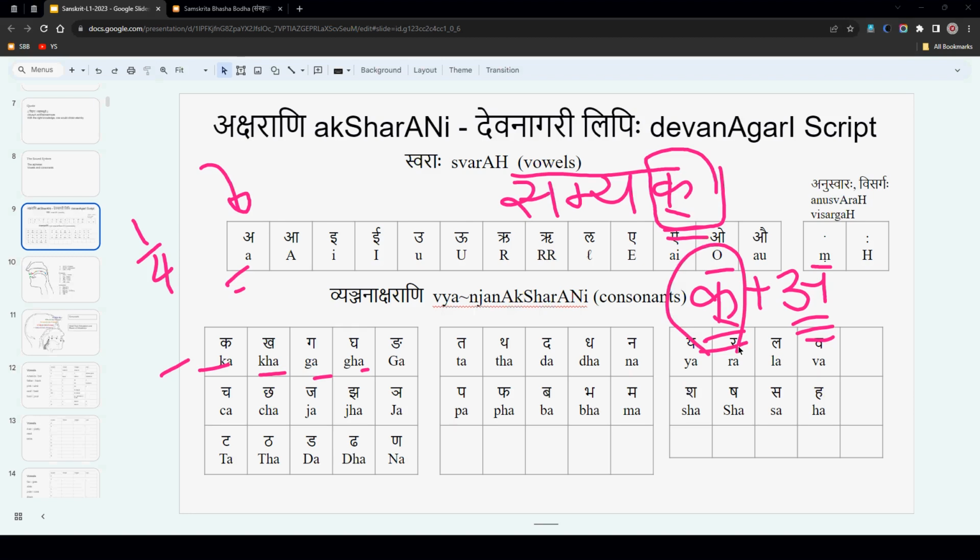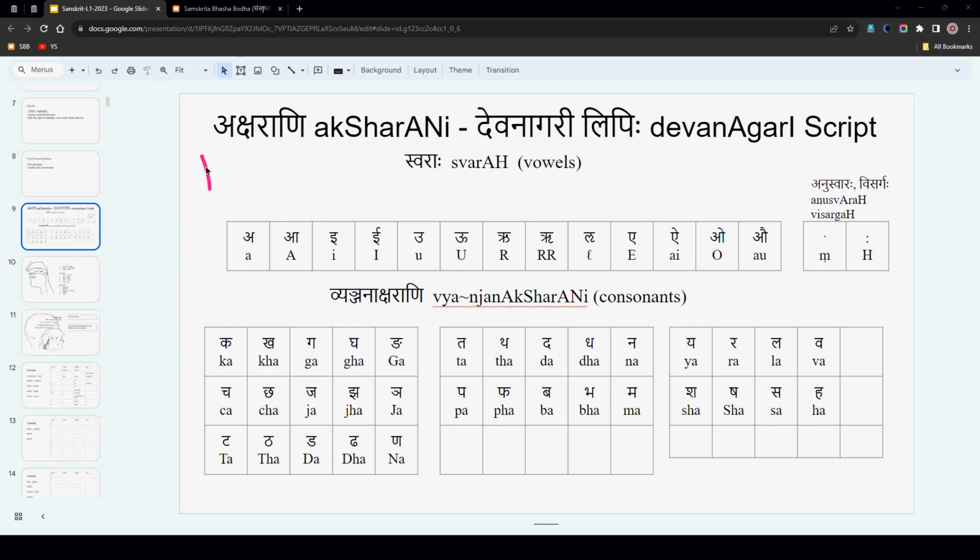Ka sound means it is not ka plus a. When we say kakara or gakara, this means ka sound, ga sound. What does that sound mean? Ka Vyanjanam.